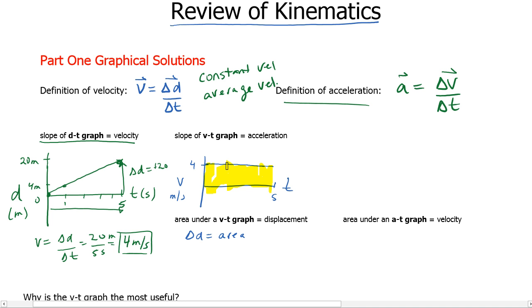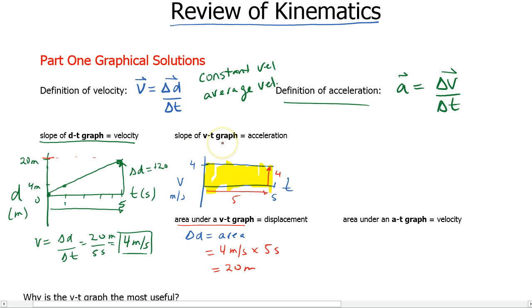That area is a rectangle, the height would be 4, and the length would be 5. So this area would be 4 meters per second multiplied by 5 seconds, which is equal to 20 meters. And that is indeed how far it went at the end, right? It went 20 meters. So the area under the VT graph is displacement.